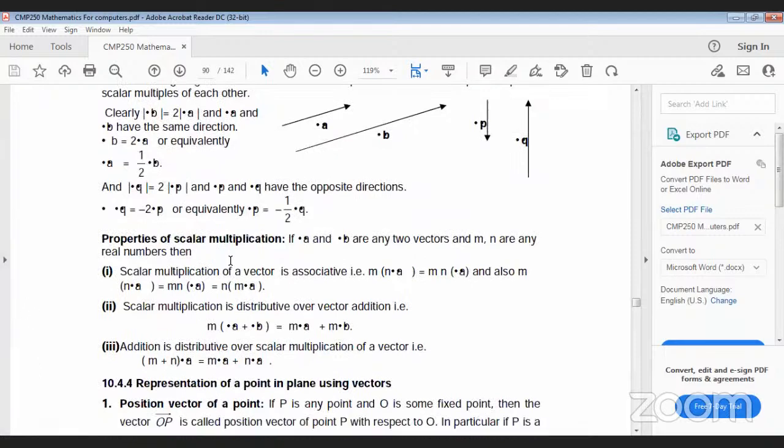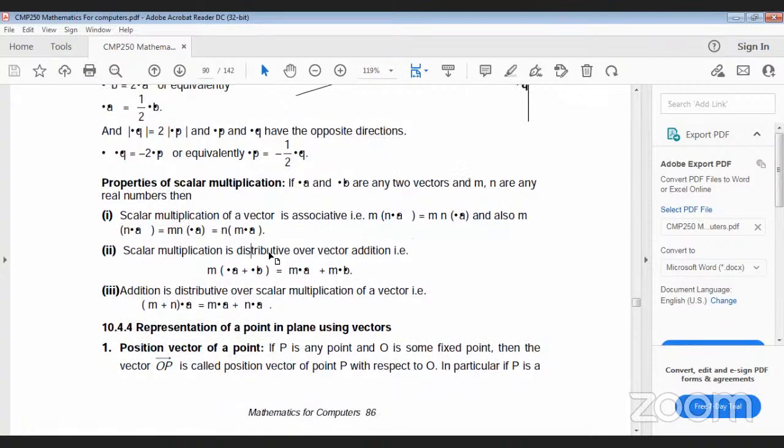Okay. So, properties of scalar multiplication. If A and B are any two vectors and m and n are any real numbers, then scalar multiplication of a vector is associative. Associative means again the same part is introduced.